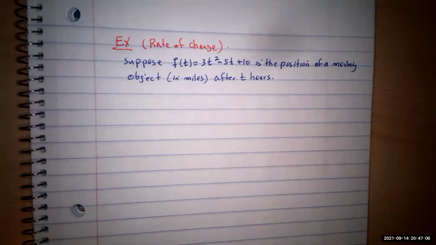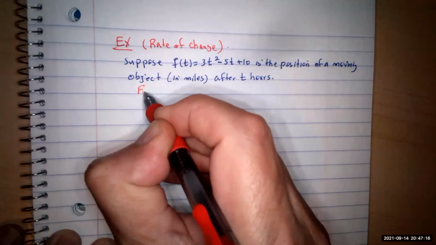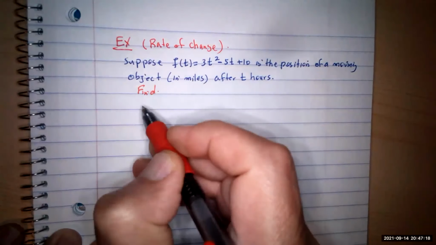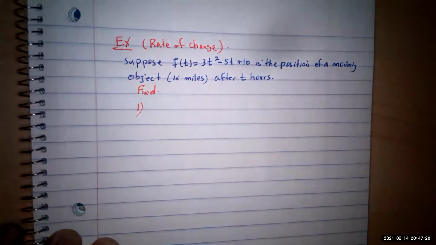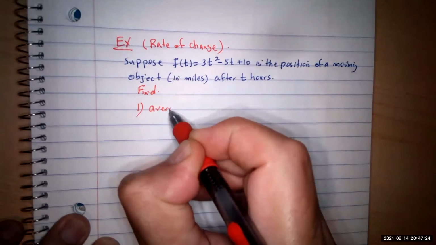f of t is the position of a moving object after t hours. Then we want to find two quantities. The first part, we would like you to find the average velocity.